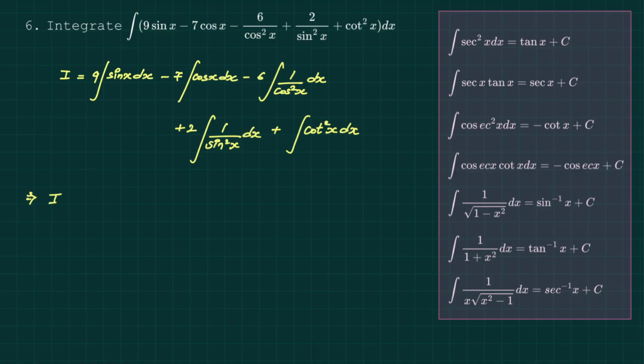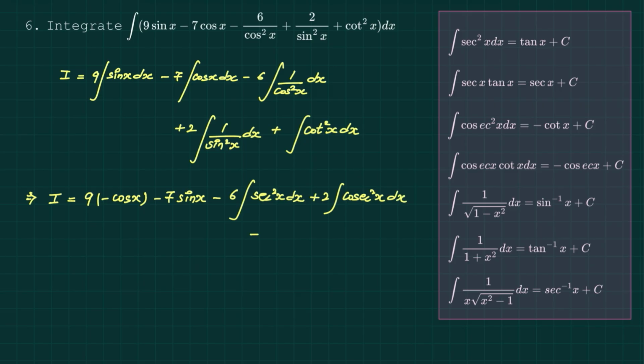So my integral equals 9 times integration of sin x dx, which is minus cos x, minus 7 into integration of cos x, which is sin x, minus 6. Integration of 1 by cos square can be written as sec square x dx, plus 2 times integration of 1 by sin square, which is cosec square x dx, plus, now we do not have the direct formula for cot square x dx.